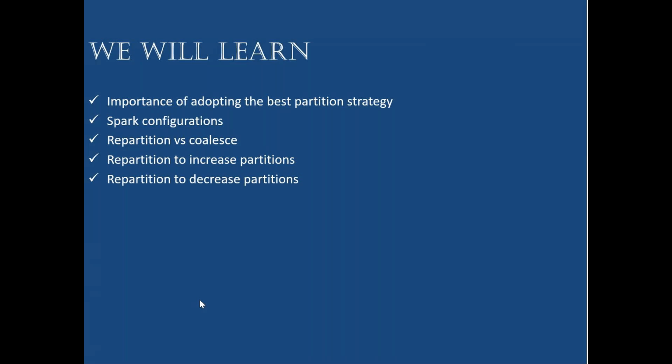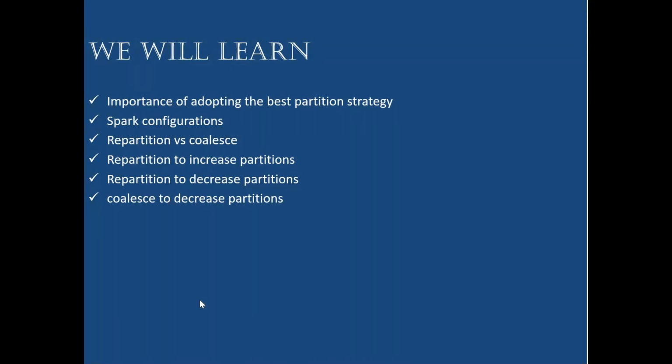If repartition is able to decrease the partitions, why do we need Coalesce? We will discuss the difference, but Coalesce we can use only to decrease the partitions. If you want to increase the partitions, you have only one way, which is repartition.